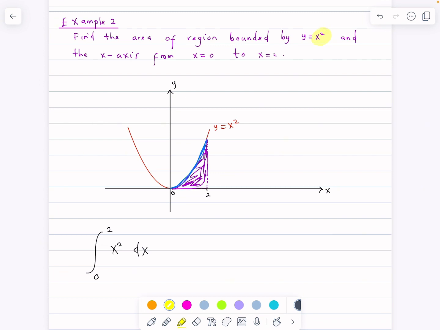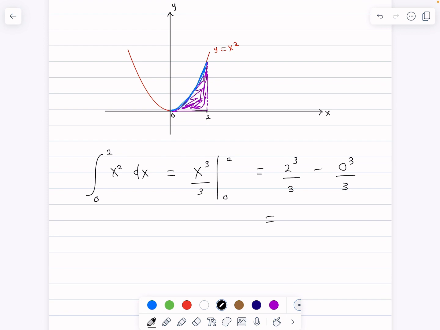You can compute that integral using the power rule. This is just going to be x cubed over 3 from 0 to 2, and then you plug in your 2: 2 cubed over 3 minus 0 cubed over 3.